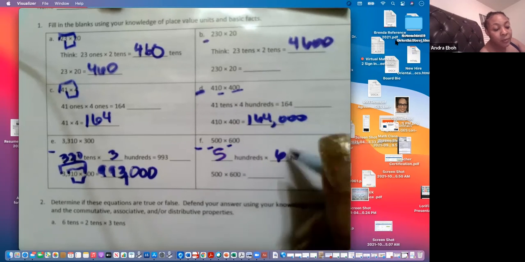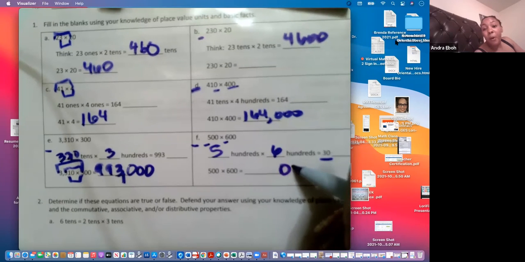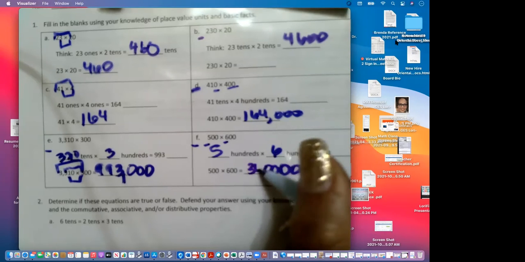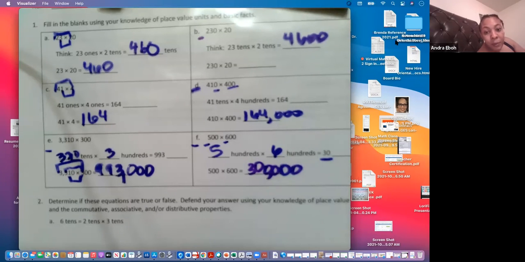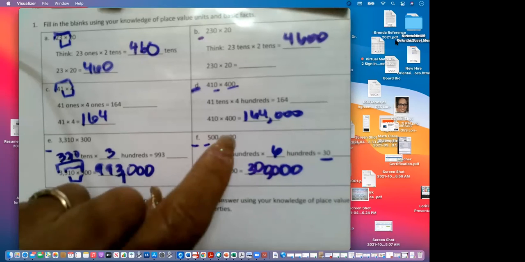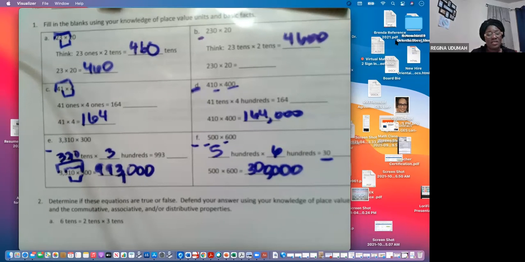How many zeros do we know we're going to add? 4 more zeros. What's my answer going to be? 300,000. Yes, that's it. Is it easier to multiply it mentally than to try to multiply it all the way out? A lot easier. Yeah, mentally it's easier.